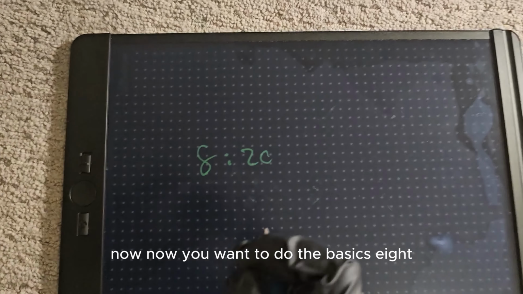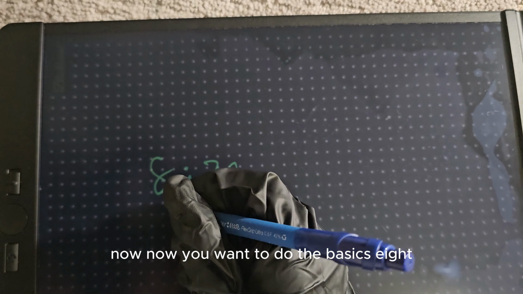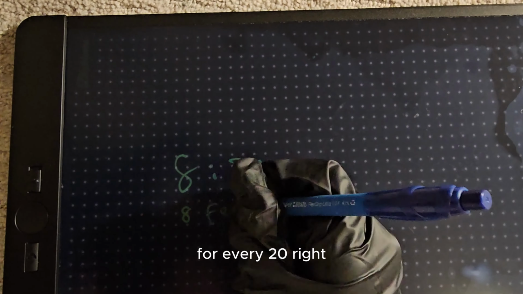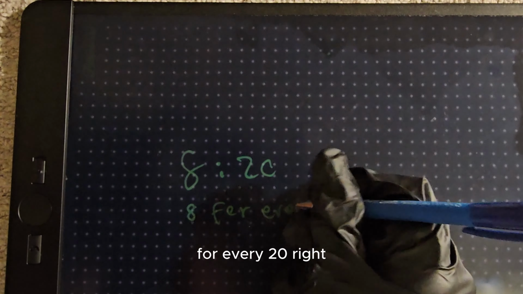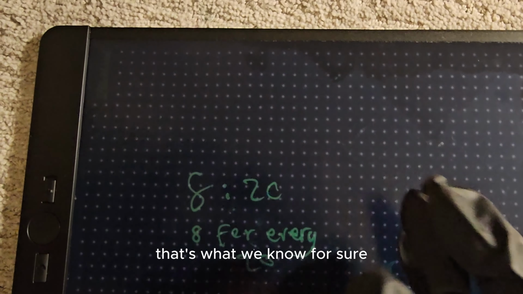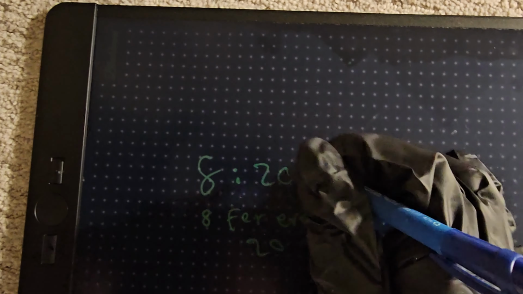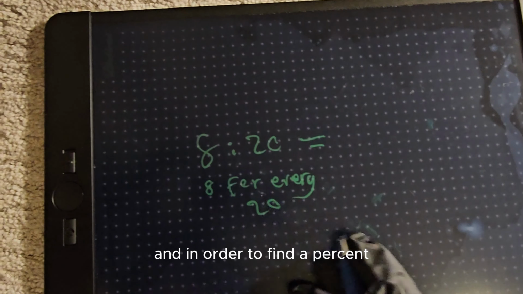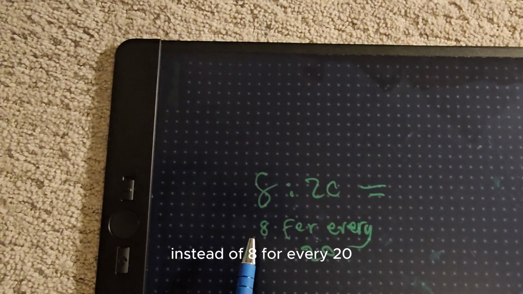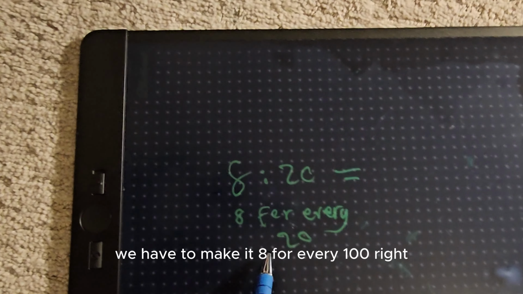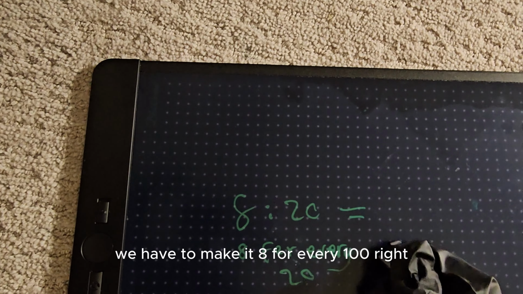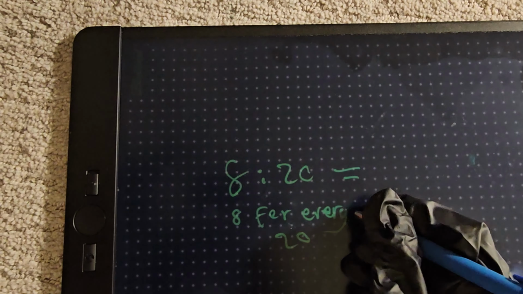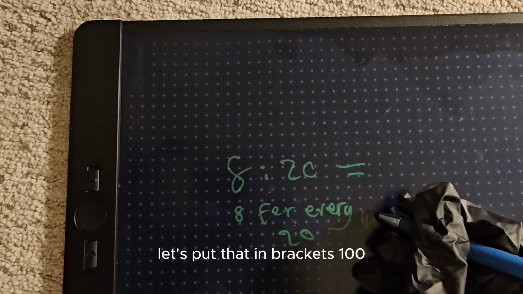We already went through the basics. 8 for every 20, that's what we know for sure, equal to. And in order to find a percent, instead of 8 for every 20, we have to make it 8 for every 100. Let's put that in brackets.